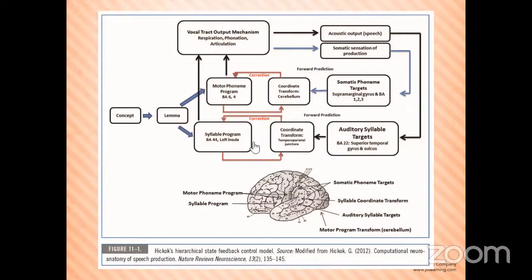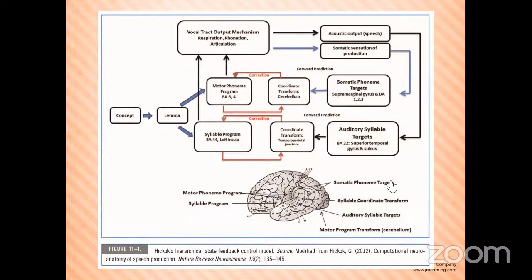This is called forward prediction. This is called the somatic phoneme targets. So that is the supramarginal gyrus and area 1 in the parietal lobe. They also coordinate and transform, and the cerebellum is monitoring. So you can see the syllable program is in Broca's area. The motor phoneme program is in area 6.